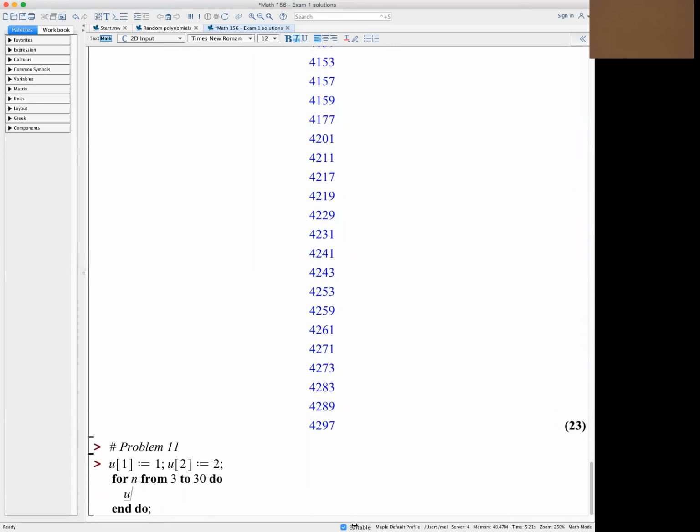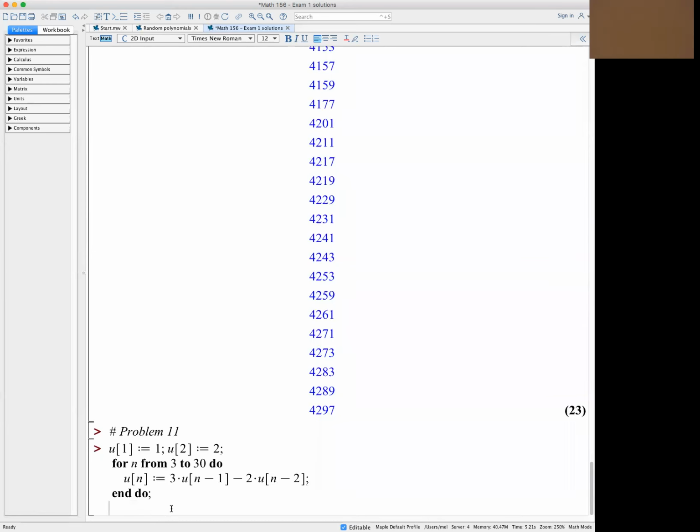So Un is defined to be 3 times Un minus 1 minus 2 times Un minus 2. And what I want at the end is to know what is U30.